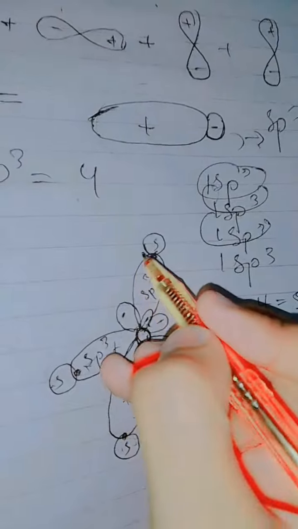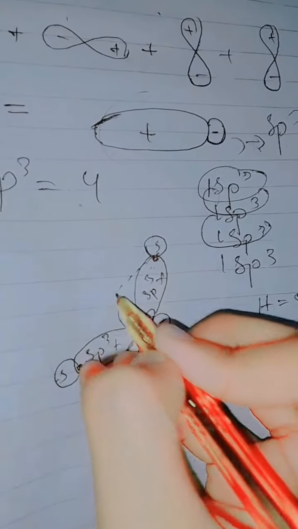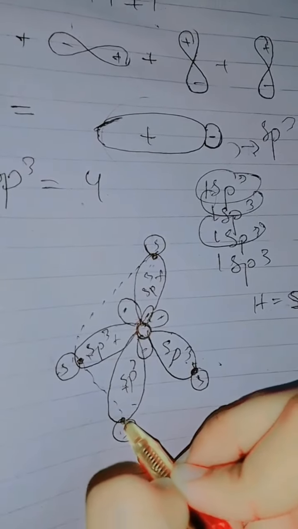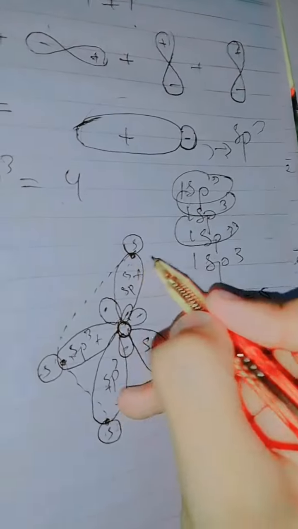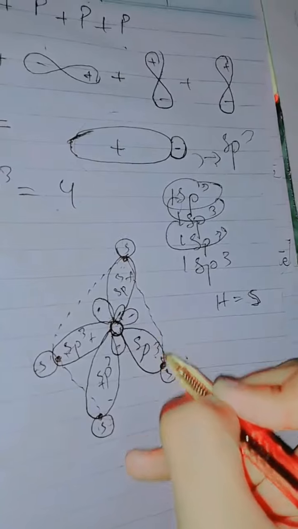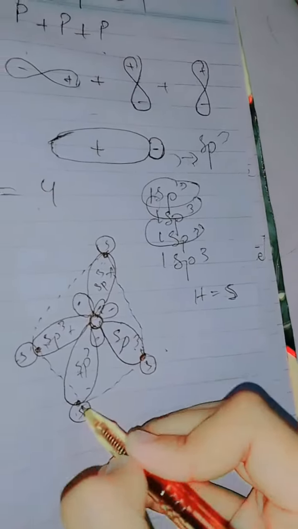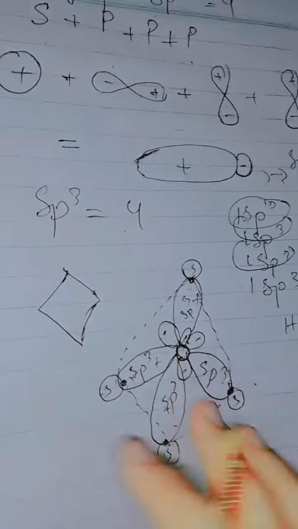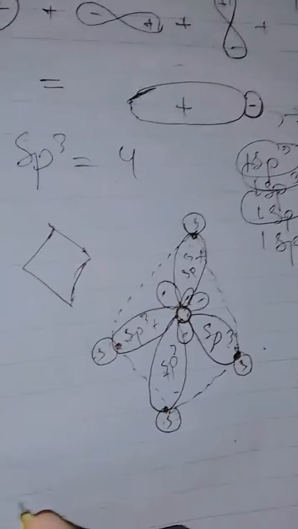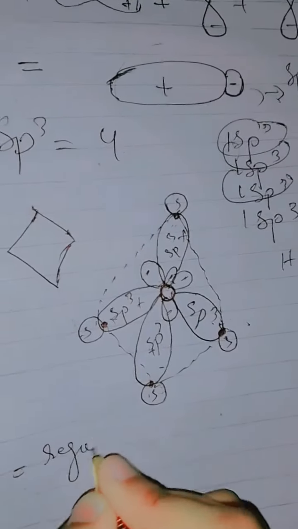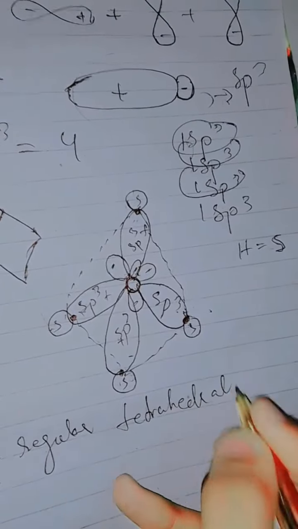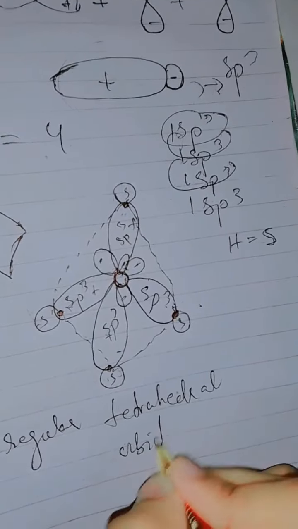Now their corners will be joining with each other. This corner joins with this corner and this corner joins. Now they are making this shape, a 4-corner shape. This shape is known as a regular tetrahedral orbital.